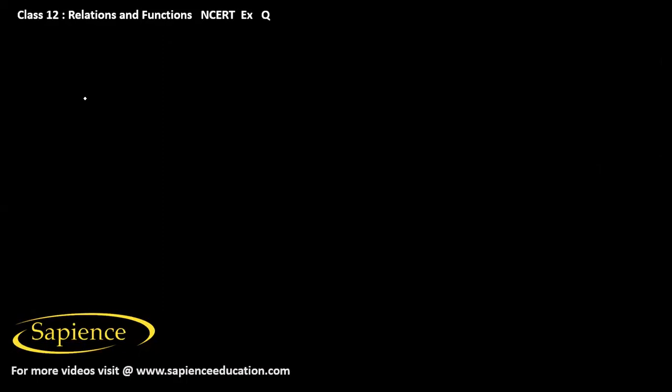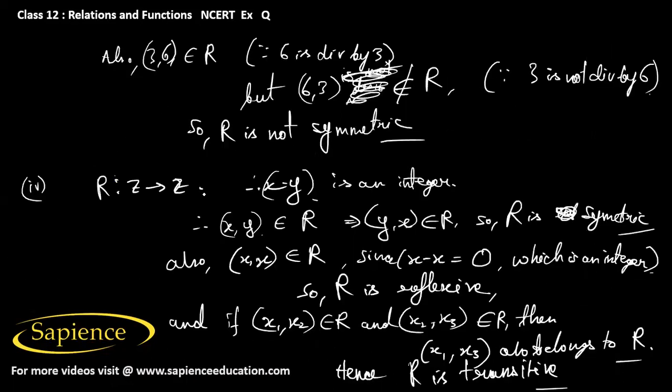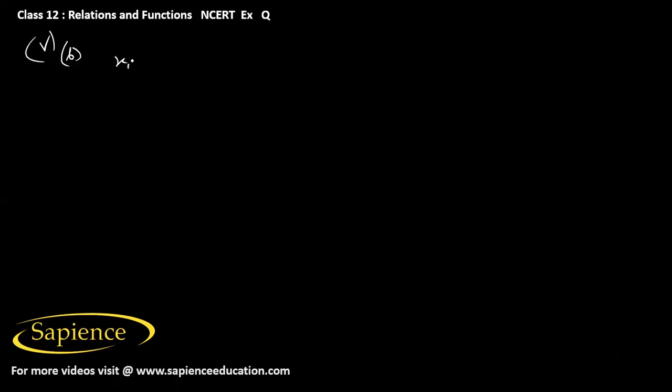Then fifth part B. So it has been told that x and y live in the same locality. So x comma x belongs to R, since the same person should stay at the same locality only.